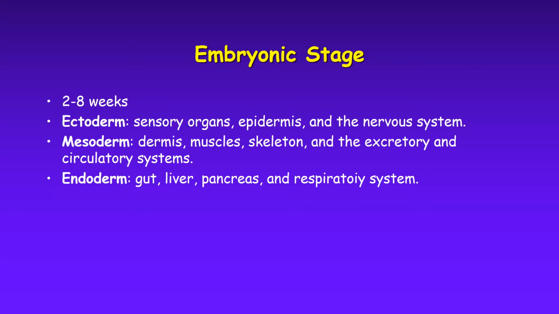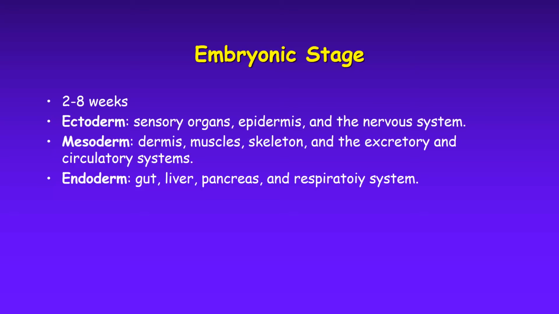Moving on to the next stage, the embryonic stage, 2 to 8 weeks. This is where we have our 3 different layers of tissue that are starting to further subdivide and develop into their organs and tissues. The ectoderm is going to be your sensory organs, your epidermis or skin, and the nervous system. So key, star, nervous system is from ectoderm.